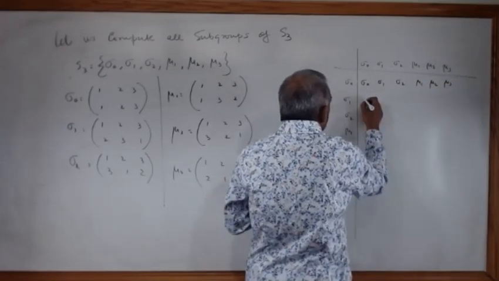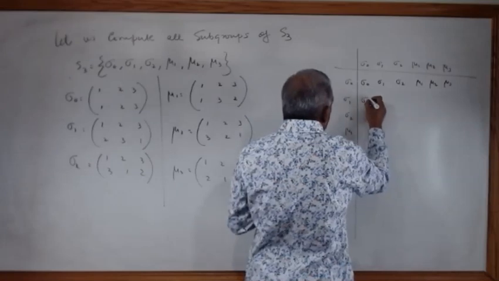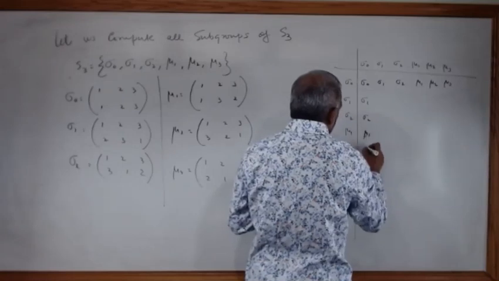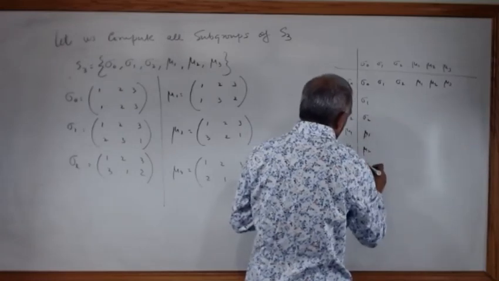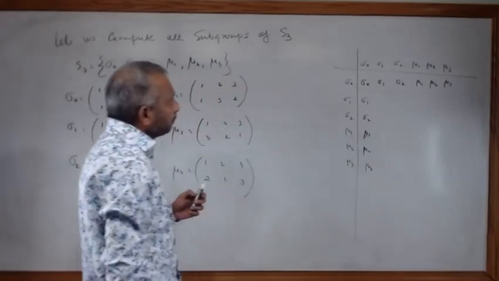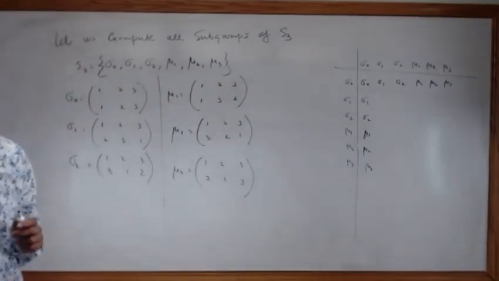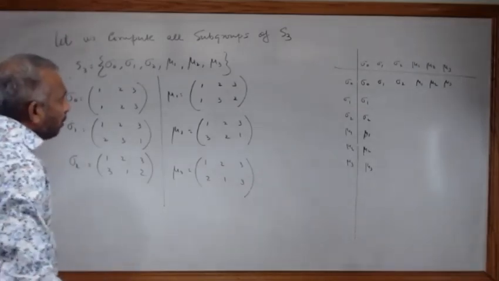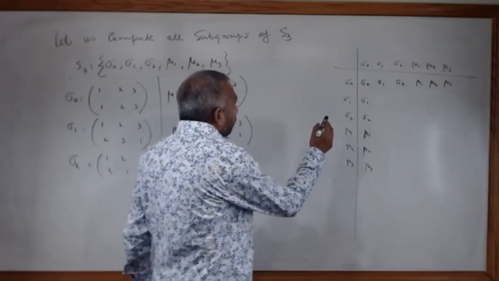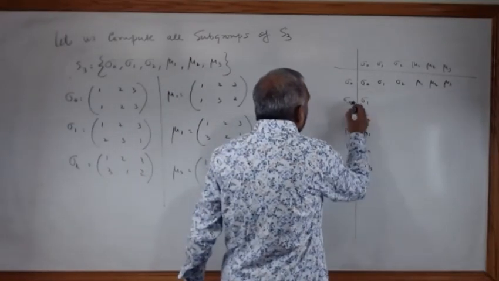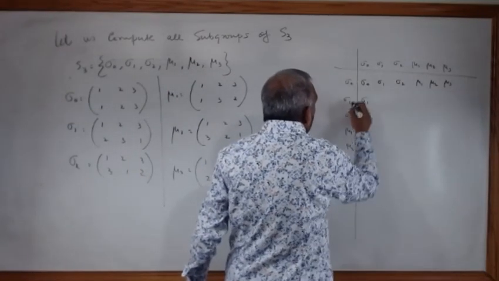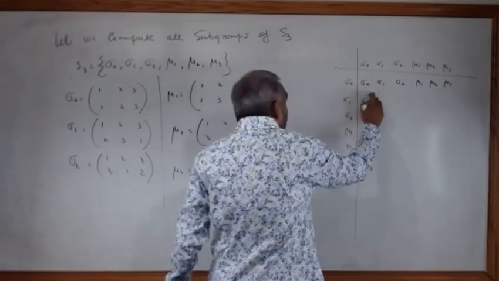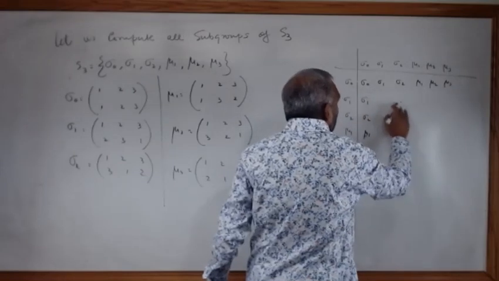And this is going to be sigma 1, sigma 2, sigma 0, mu 3, mu 1, and mu 2. So I'm going to show how to compute these compositions of permutations, but I'm not going to do everything here. I'm going to write down the result.